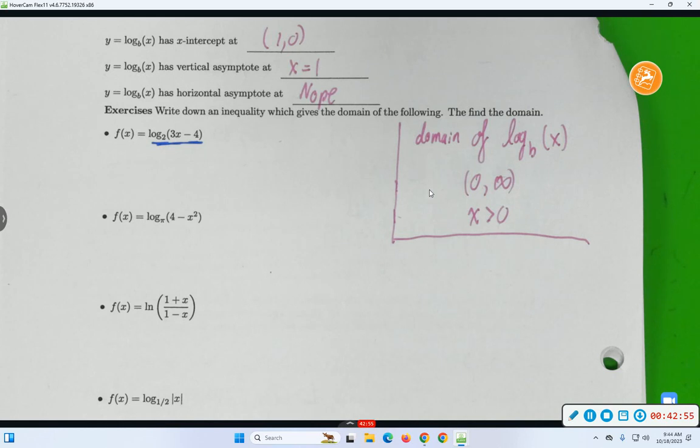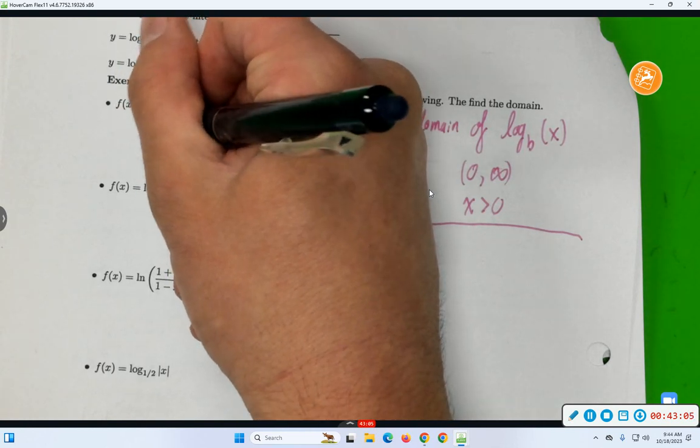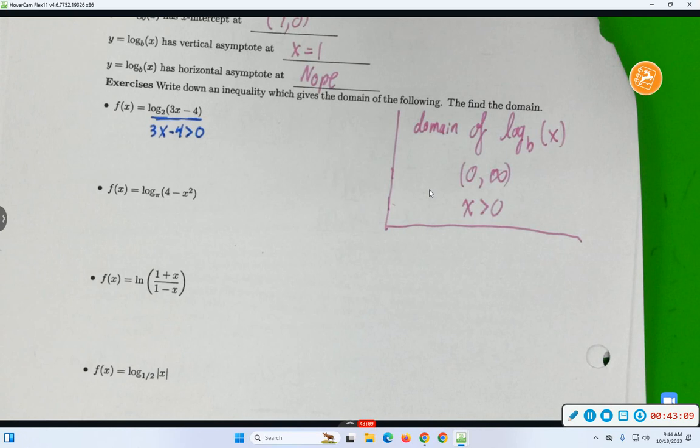Well, whatever it is that's inside of the parentheses has to be bigger than 0. This domain is given by 3x minus 4 strictly bigger than 0. Is that an easy inequality to solve? Yeah, okay, solve it.